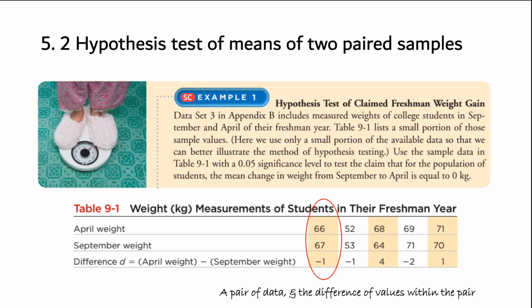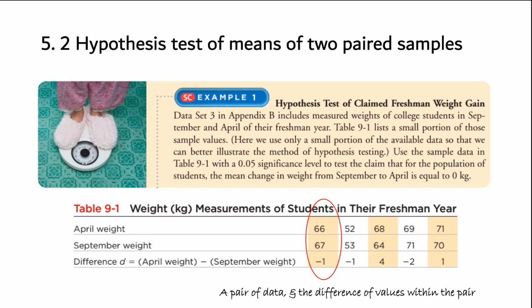The weight of all students is measured. Let's say we have student A, B, C, D, and E. The weight of student A in April is 66, student B is 52, student C is 68, and so on.